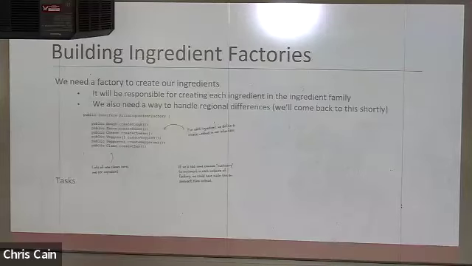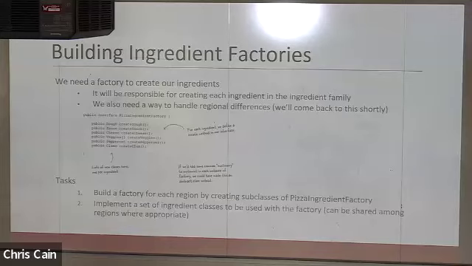So what do we need to do with it? Step one, build a factory for each region. We're going to implement the pizza ingredient factory as a New York pizza ingredient factory and a Chicago pizza ingredient factory. Then we need a set of ingredient classes to be used with that factory.